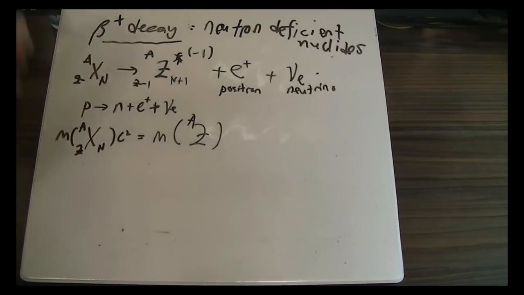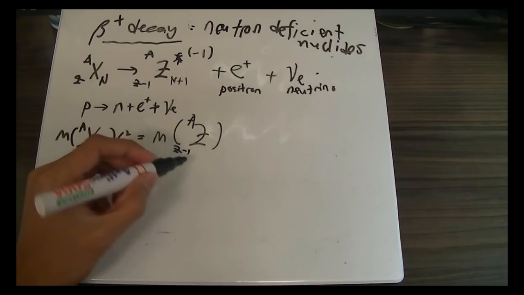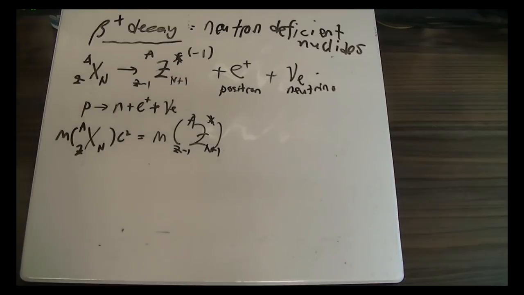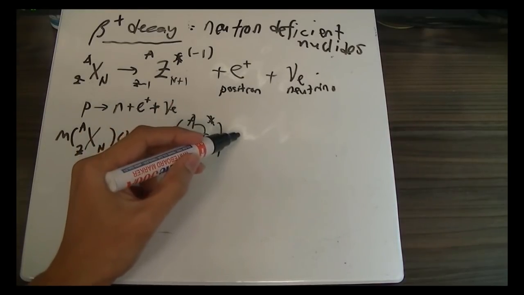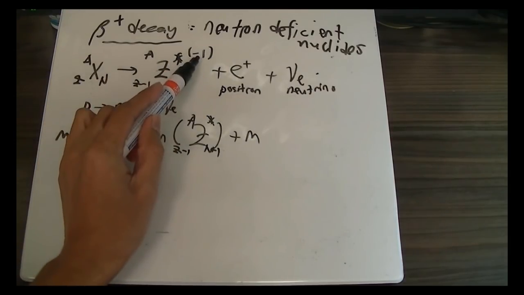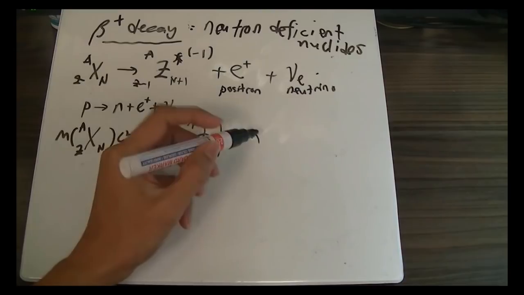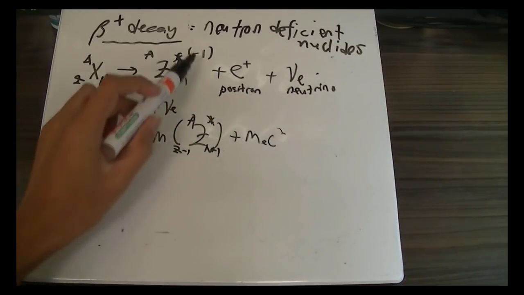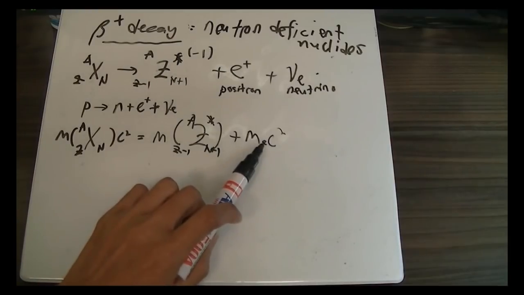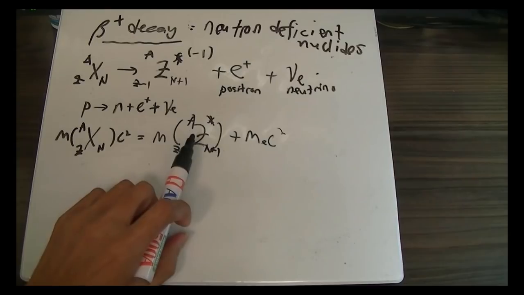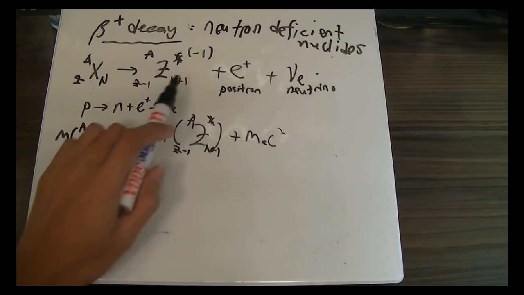So this is A, Z minus 1 and N plus 1, of course still at an excited state, plus the mass energy for this electron, m_e c square. To have this state, you have to add 1 electron to this nuclide.